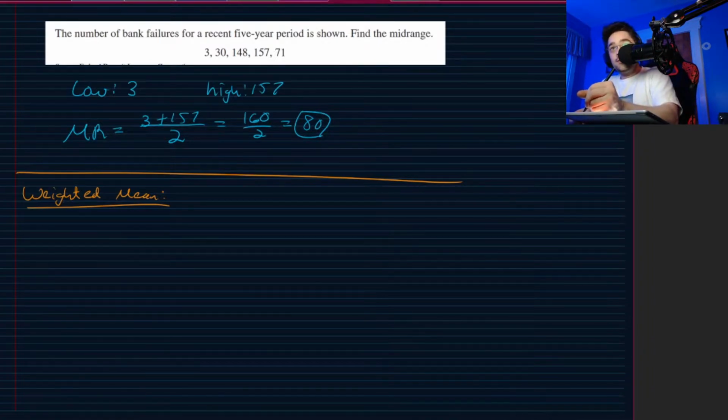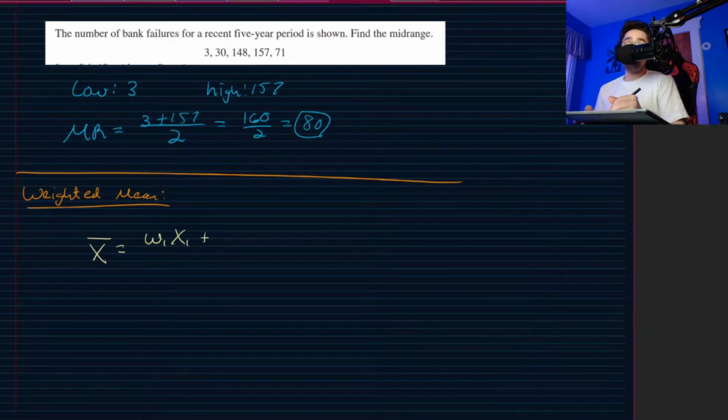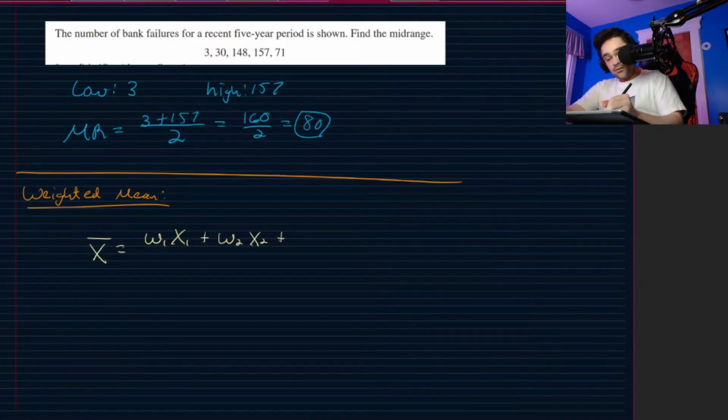And let me see what the formula is here. It's x bar is equal to, so it's W1 x1, the weight of the first data value times the data value, plus, and then you do the same with the second data value. You take its weight, you multiply it by that data value, and we sum all these up.